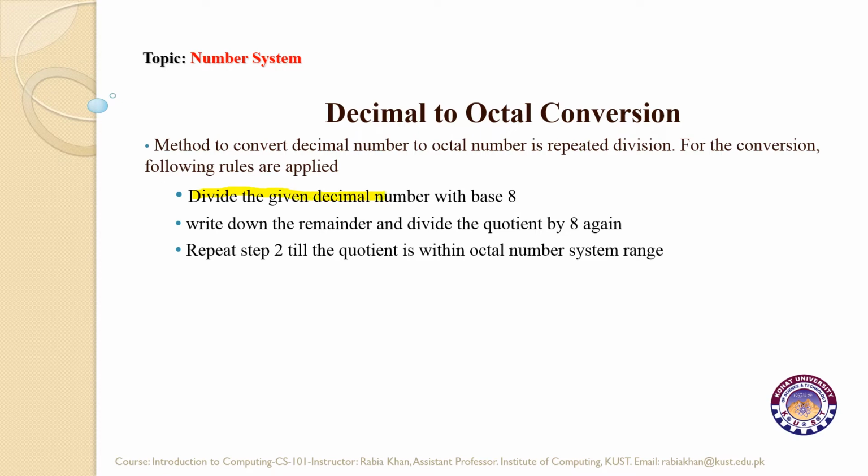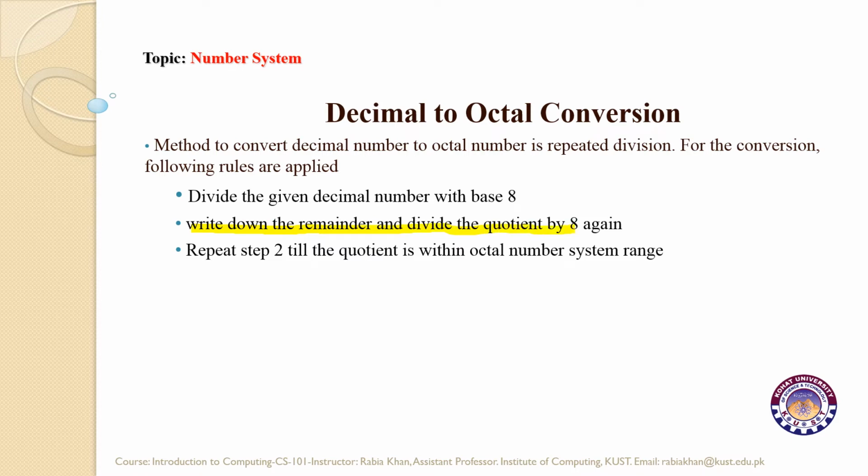So the rule is, given any decimal number, we need to divide the decimal number with base 8. Keep in mind, this is a repeated division process. Then we will write down the remainders and divide the quotient again with number 8. Why number 8?